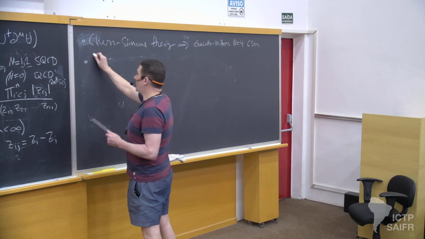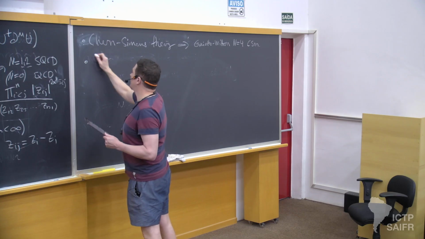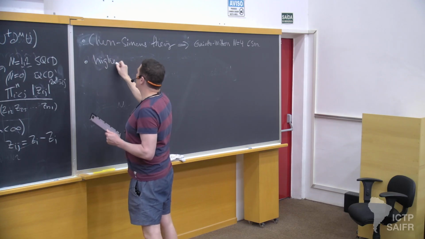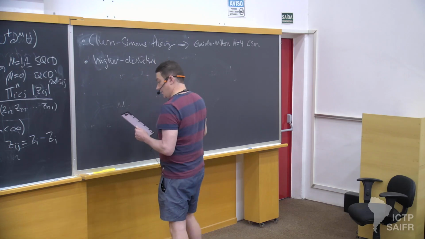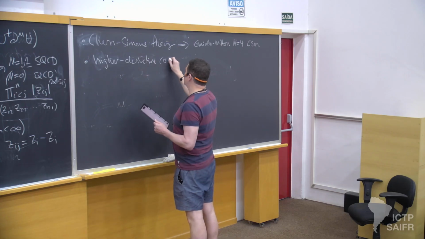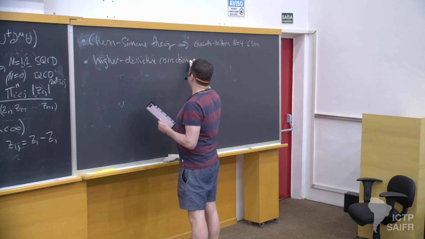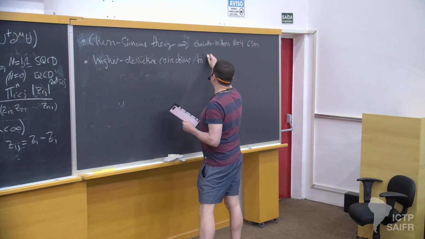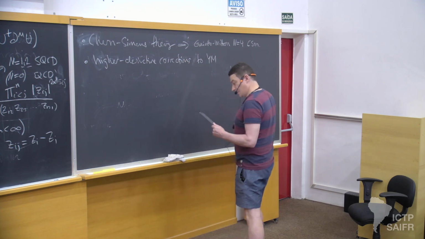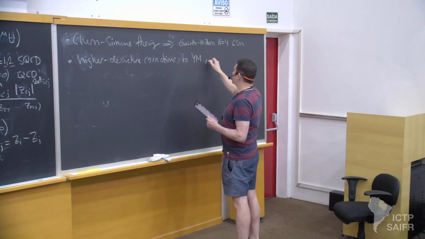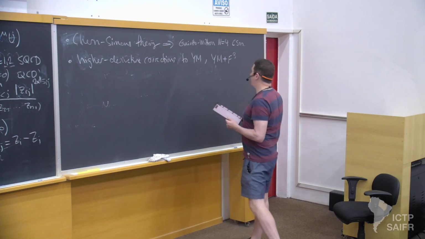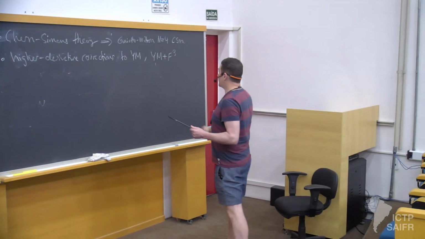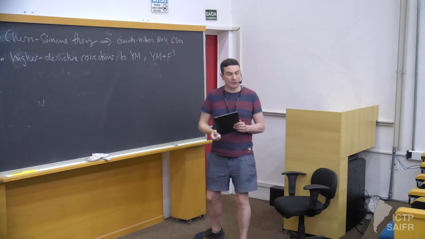And then you can also add higher derivative corrections to Yang-Mills. I don't know why you want to do that, but you can. So for example, you can consider Yang-Mills plus F cubed. So this is an F cubed operator. I think David already mentioned F cubed as an interesting object.